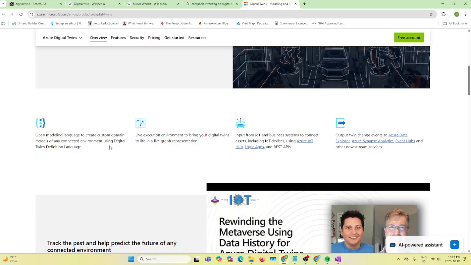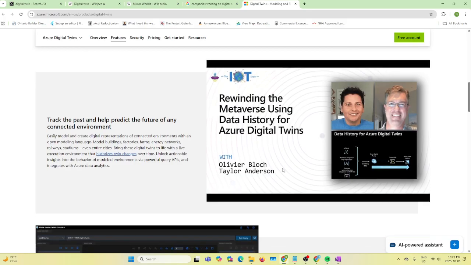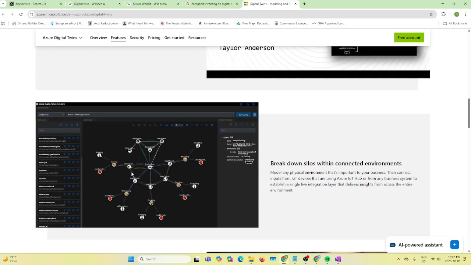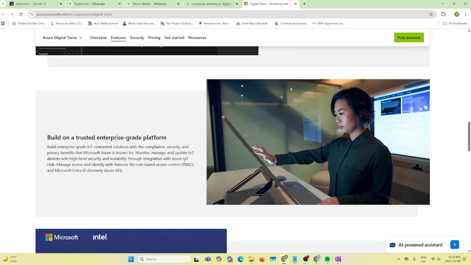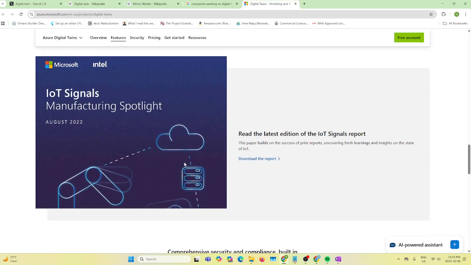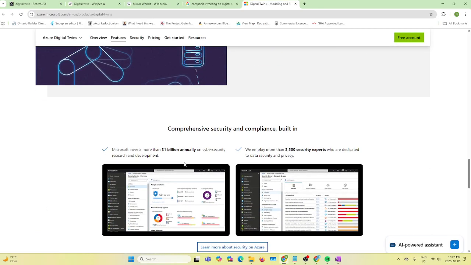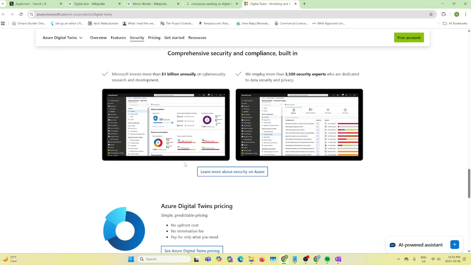Any connector using the Digital Twin Definition Language. A live execution environment to bring your digital twin to life in a live graph representation. All that fun stuff. Data, rest assured. Okay, within connected environments, build on a trusted enterprise graph, IoT signals, manufacturing spotlights, addition of IoT. Okay, comprehensive security and compliance built in.